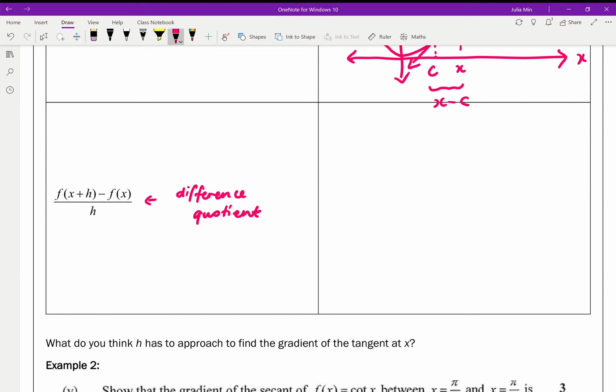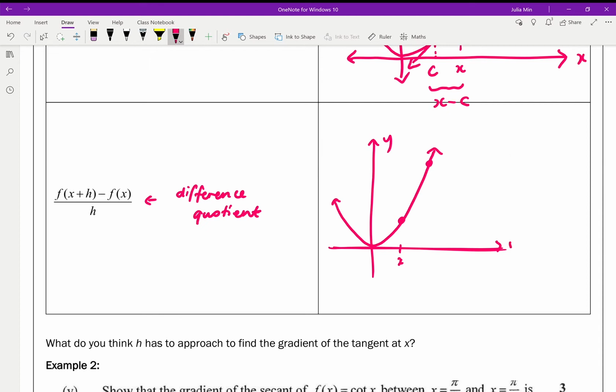So let's say I have an arbitrary graph, right? So this is my graph, okay? And let's say it's a parabola, and I want to find the gradient of a chord that lies on this graph, right?